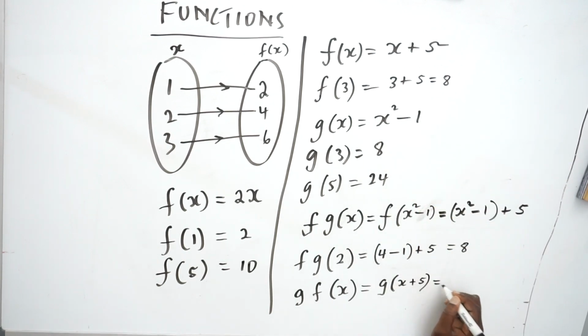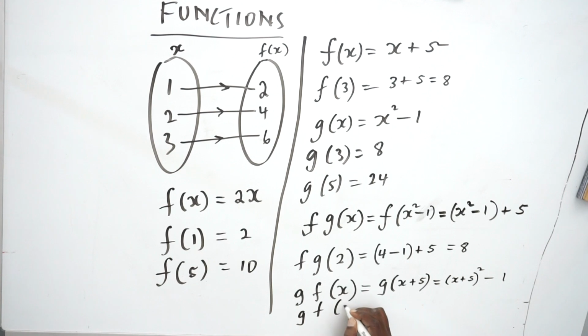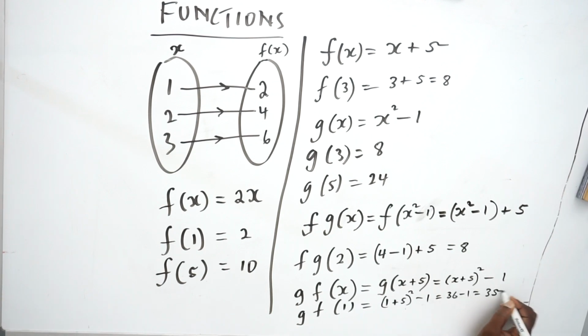So the result would be x plus 5 squared, take away 1. So if I want g of f of 1, I would end up with 1 plus 5 squared minus 1, giving me 36 minus 1, 35.